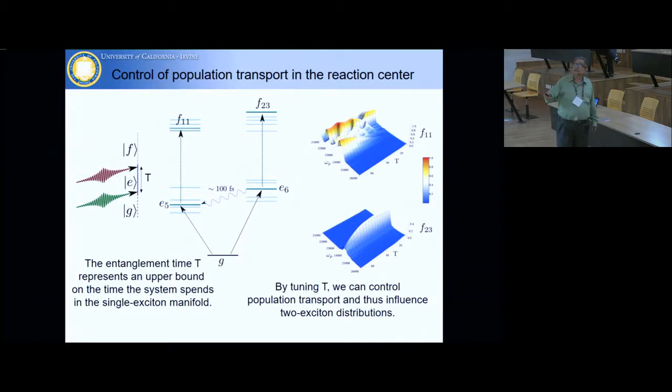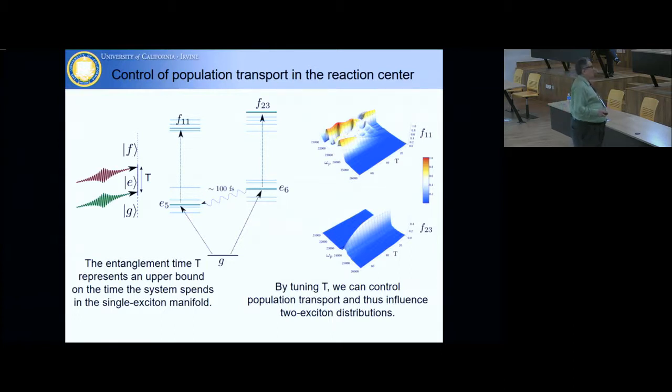You will not get F23 because of this relaxation. So you can say, let me make the pulse shorter and shorter, so the system will spend very short time in E6, and then I could beat this relaxation and I can go up.